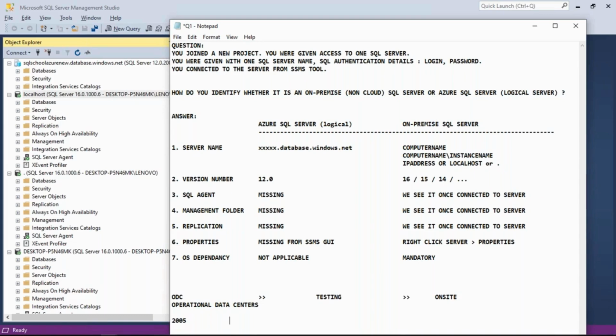But by God's grace, once I joined my project, on the first day they said, look, a fresher cannot be a DBA, so you need to work at the ODC first. They placed us in the operational data center for 6 months, and we understood the complete process. In 2005 there was no DevOps and no Agile; the Agile framework was slowly building up from other teams.